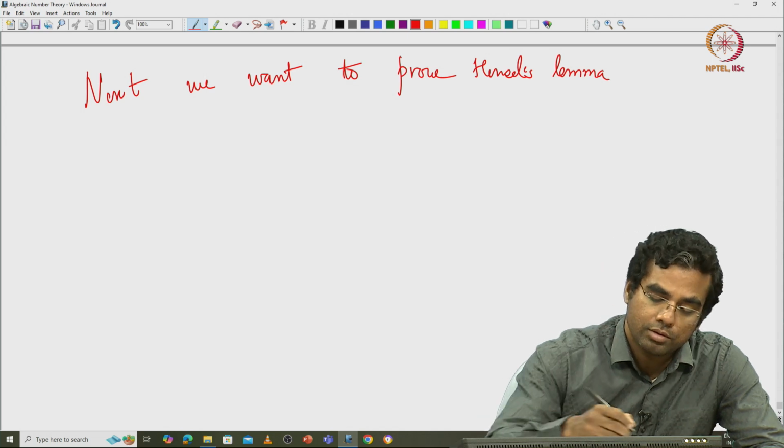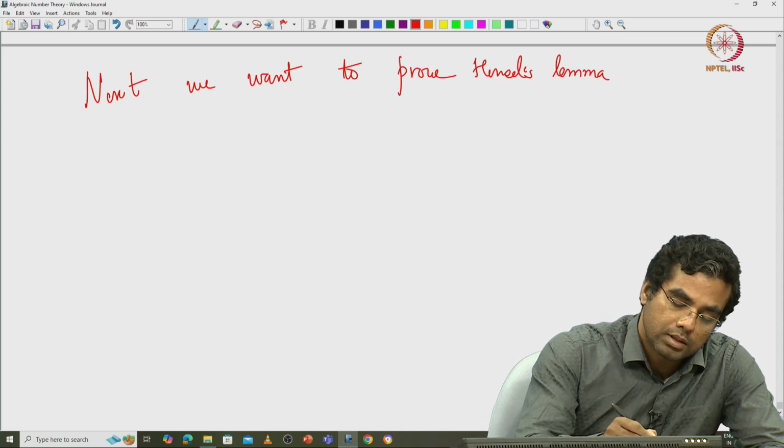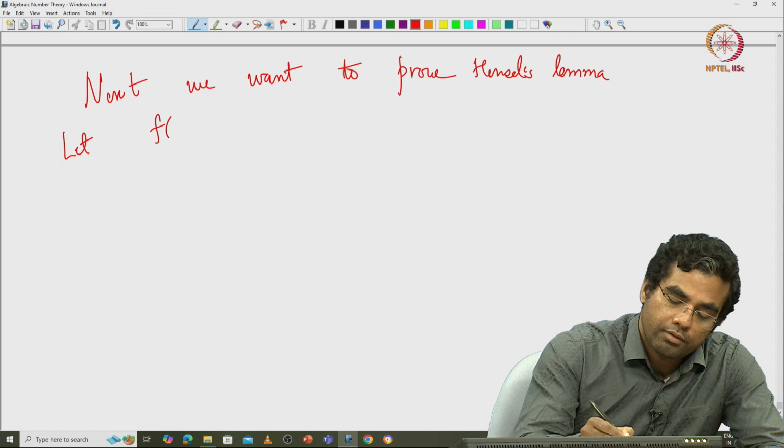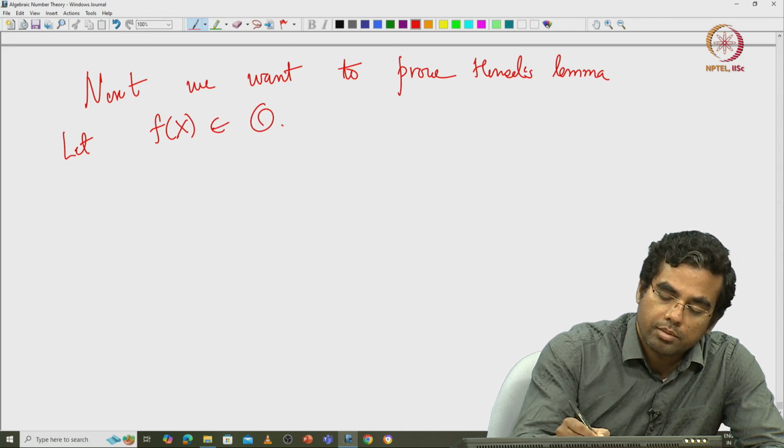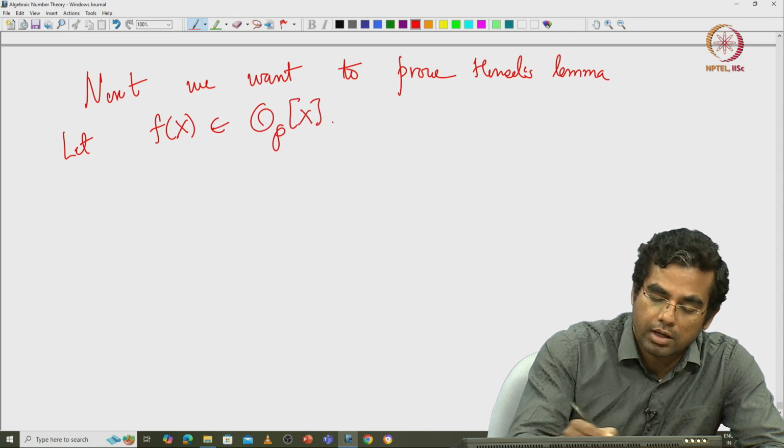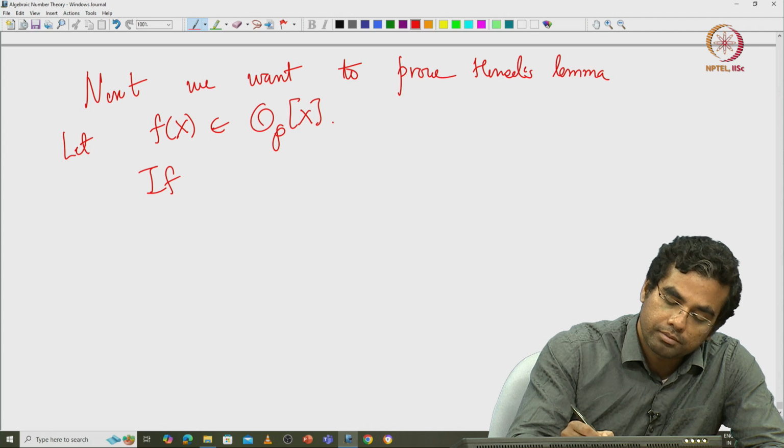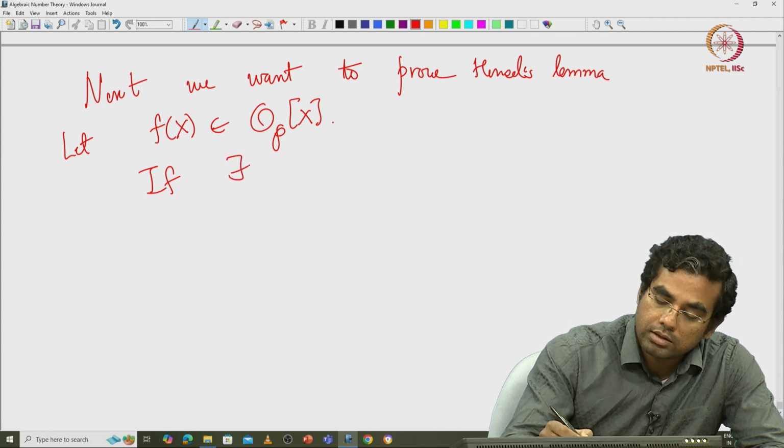So, the idea is the following. Let f of x be an element in O sub p of x.